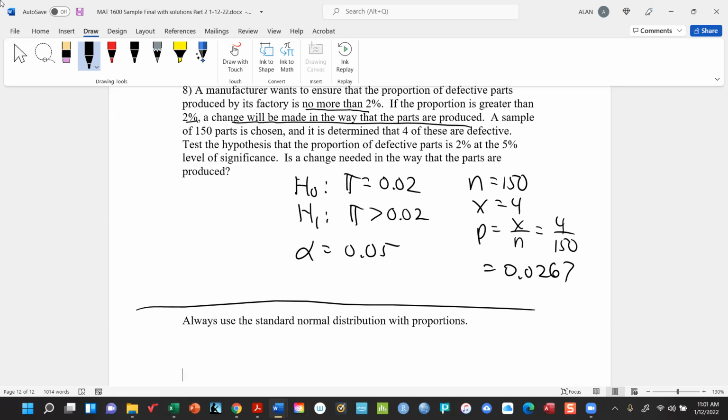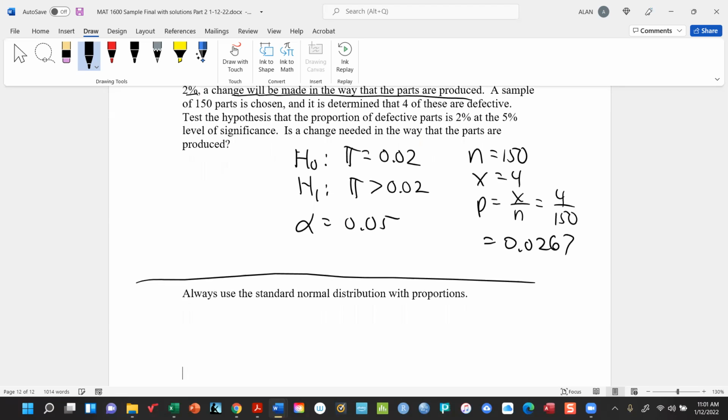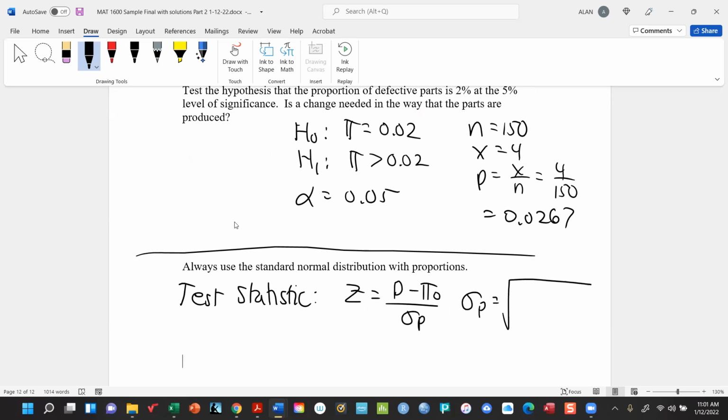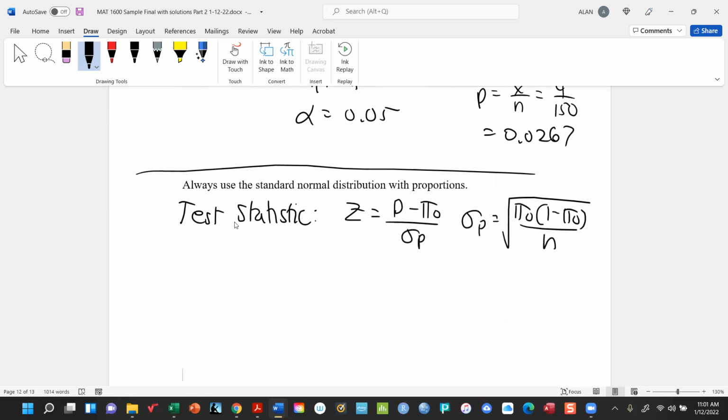So what we need to do is first come up with our test statistic. This can be written a couple of different ways. In the slides, it's written like this. There's a separate formula for sigma p. You don't even have to do it this way. The other option is to simply just write it out directly.